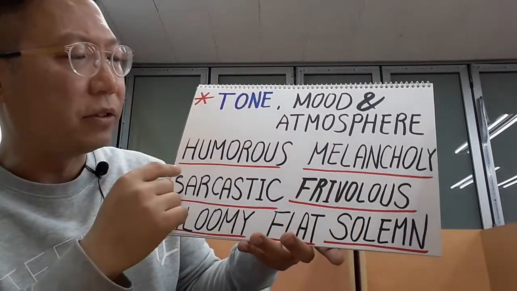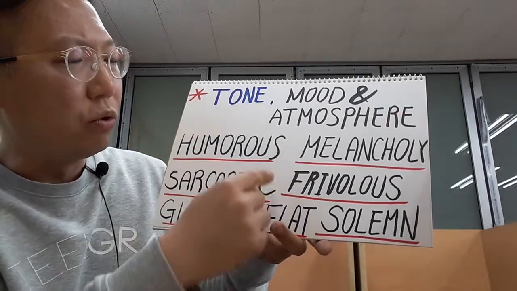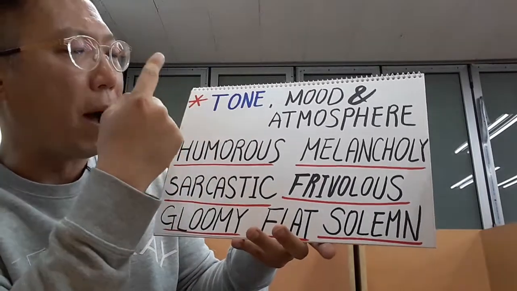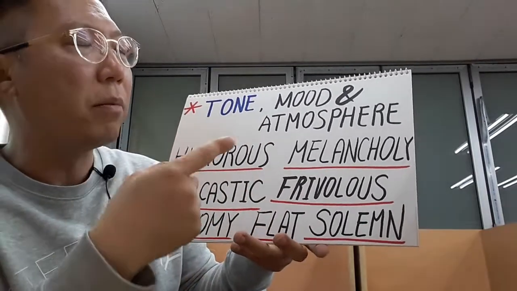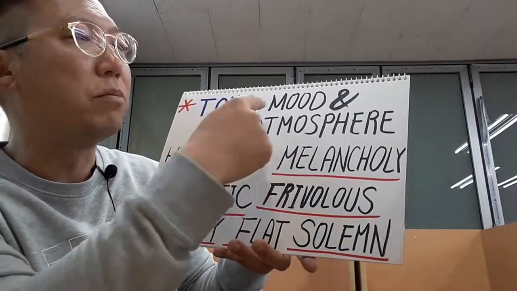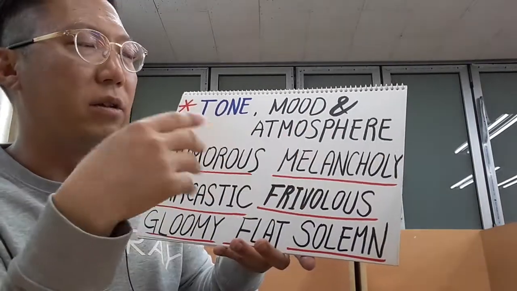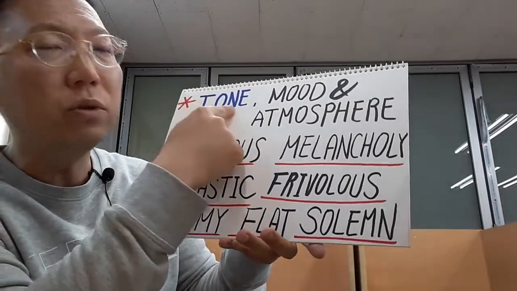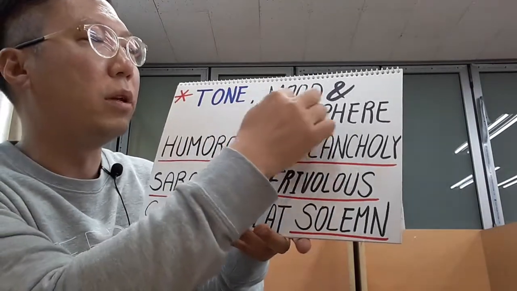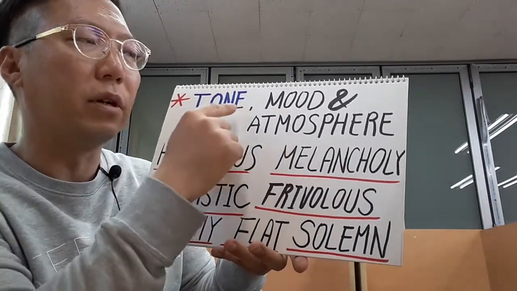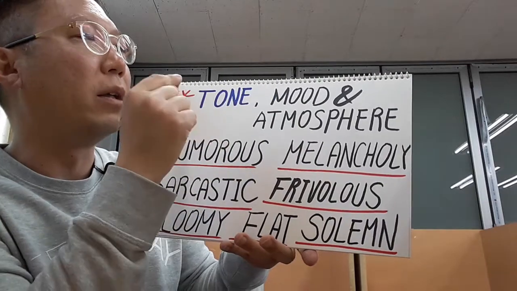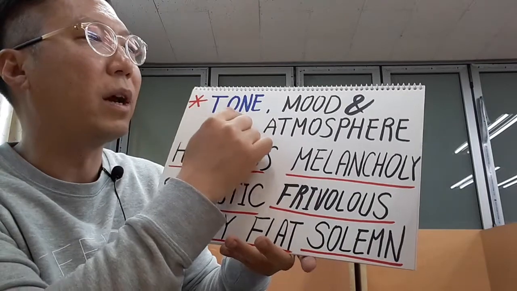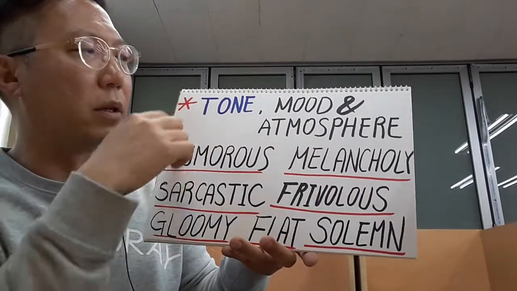In other words, for instance, a poet can adopt a sarcastic tone in his poem, and by using a sarcastic tone, he ends up creating a very humorous mood, a very humorous atmosphere in the poem. So the readers can feel something humorous by reading the sarcastic tone of the poet. So tone and mood have a cause and effect relationship, and a certain tone doesn't necessarily create the same kind of mood.